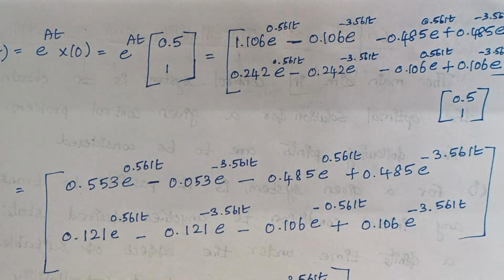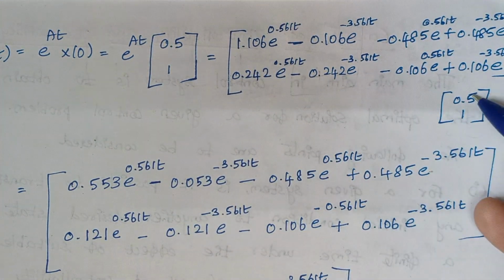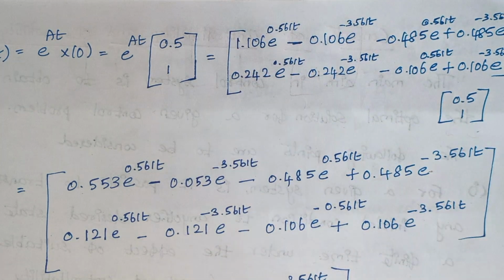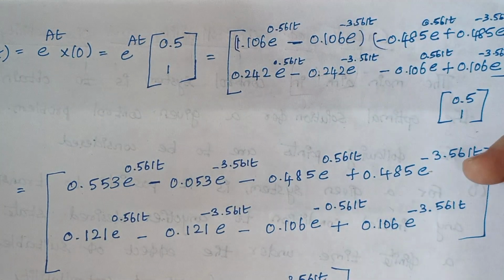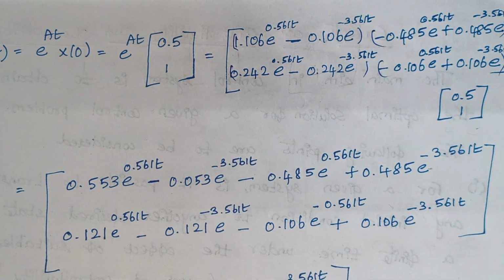So this is your e to the power At which gets multiplied with, this is your x of 0. Right. So again the same way, you see, this is your first term and this is your second, this is your third and this is your fourth term.